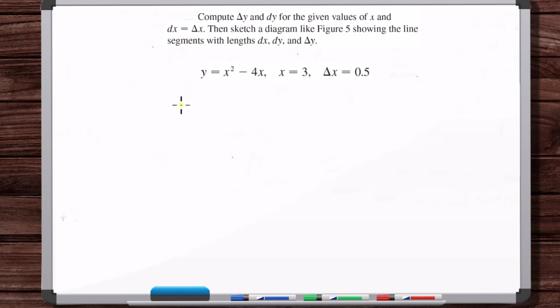So how do we compute dy, the differential dy? We say dy dx is equal to what? Well, that's 2x minus 4. So what is dy? Just solve for dy.